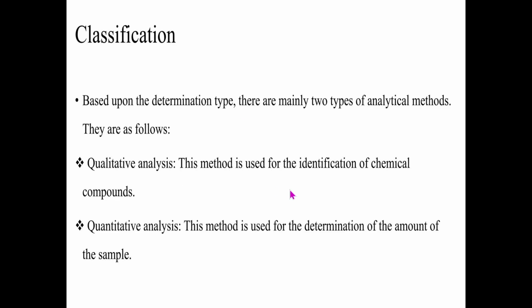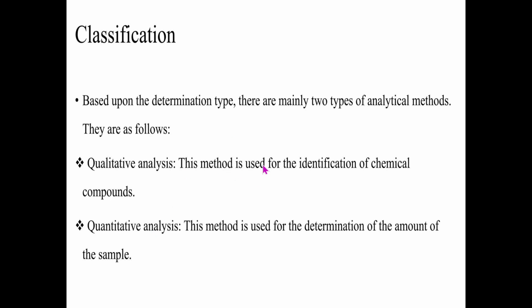Now classification. Based upon the determination type, just now we have discussed all the important aspects of pharmaceutical analysis, in what aspect it is useful for us. So depending upon the type of determination, there are mainly two types of analytical methods involved in pharmaceutical analysis, and those methods are qualitative analysis and quantitative analysis.